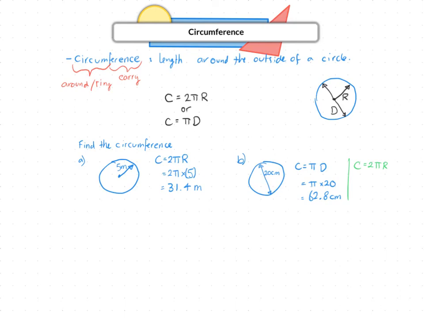So we could also calculate this as 2 pi times the radius, which is 10. And if you put 2 pi times 10 on your calculator, you will get exactly the same answer, 62.8 centimeters. Do we really care which way you go? No, we don't. But it is good practice to just use the radius version anyway, because it avoids mistakes later on.